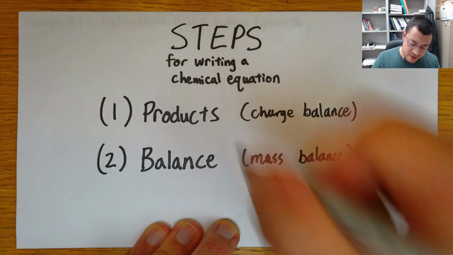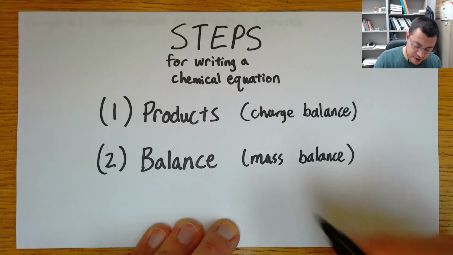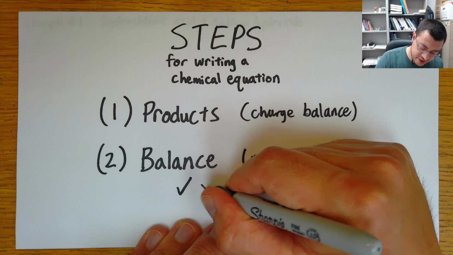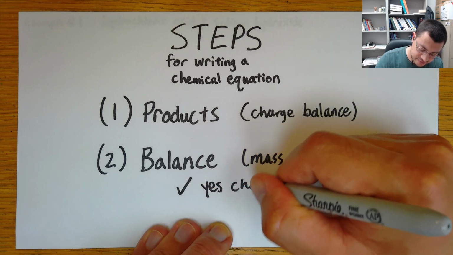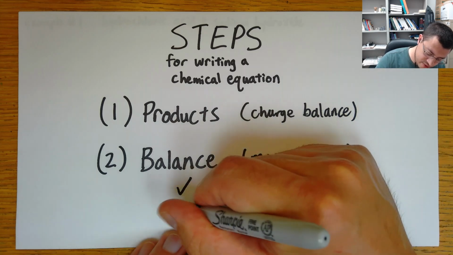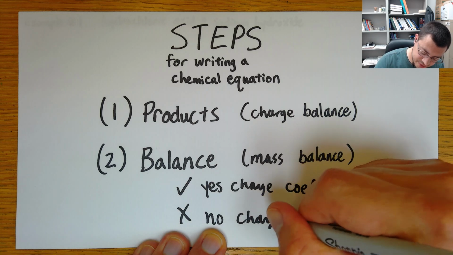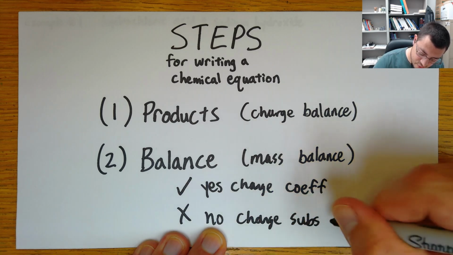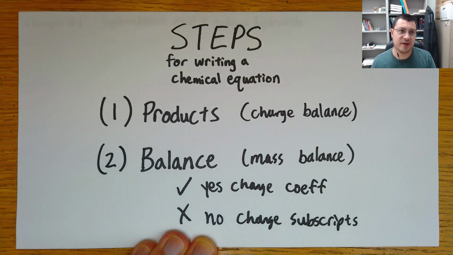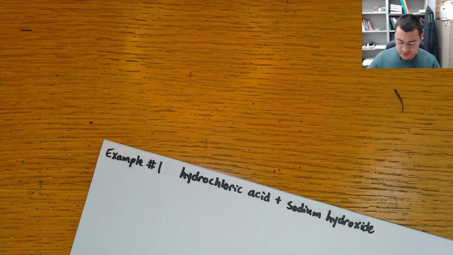Once you have determined the products and you're in the balancing phase of writing your chemical equation, please remember that you can change coefficients. Yes to changing coefficients, but we do not change subscripts. Once we figure out what the subscripts are in the products, they are now off limits. All right, let's just jump into examples.